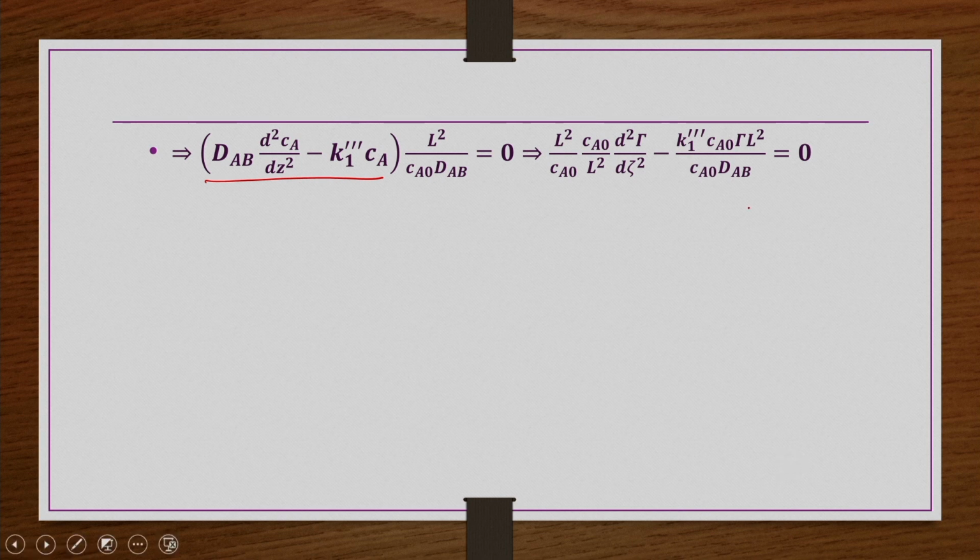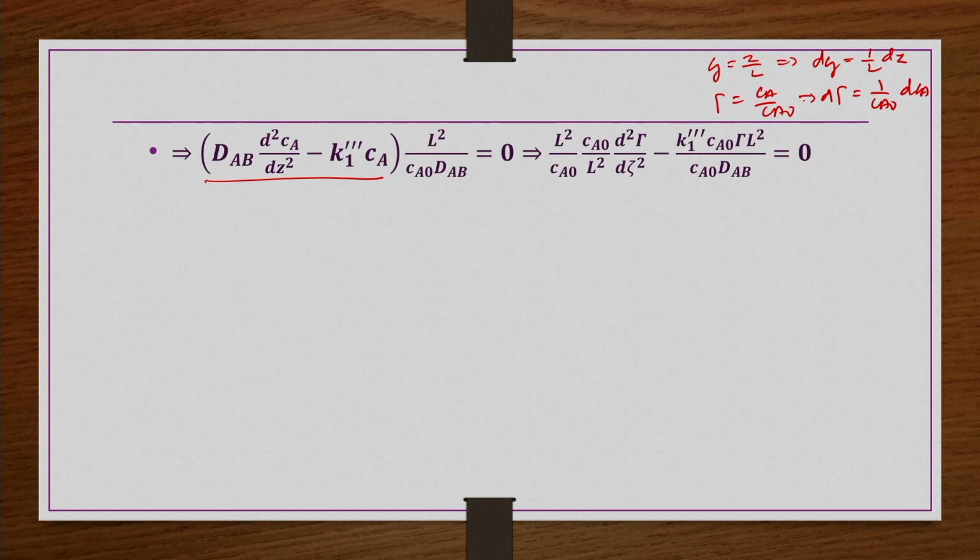So, this zeta is equal to Z by L. So, that means d zeta is equal to 1 by L dz, and then capital gamma is equal to Ca by Ca naught, that means d capital gamma is equal to 1 by Ca naught dCa, that we are applying.